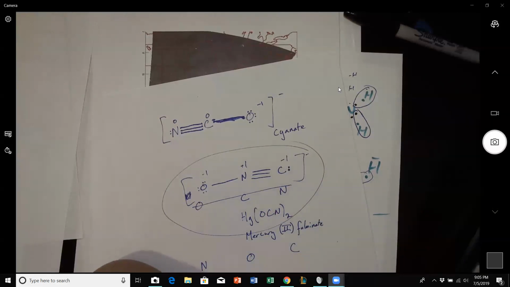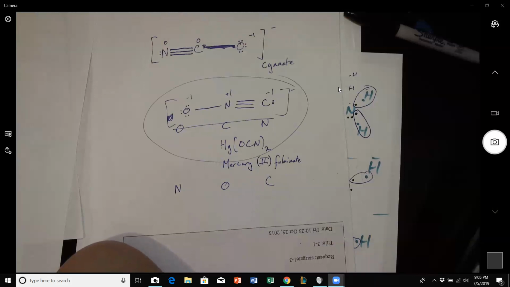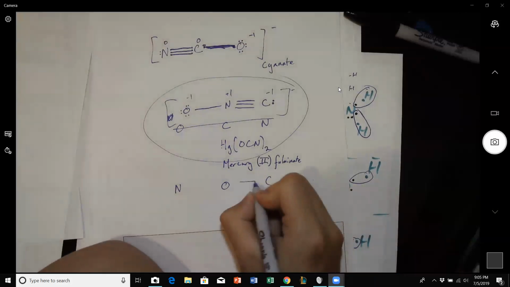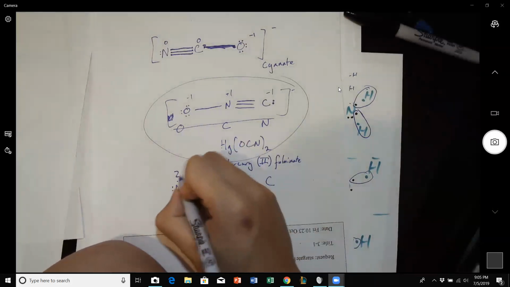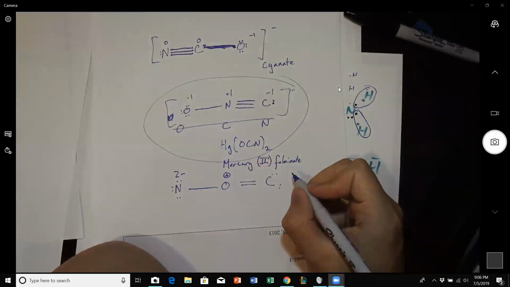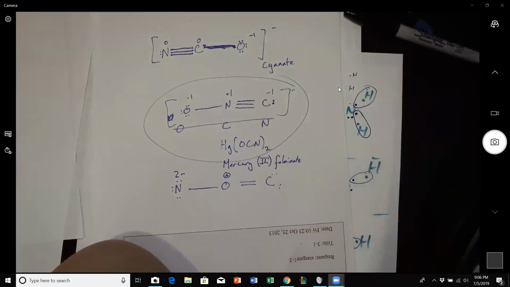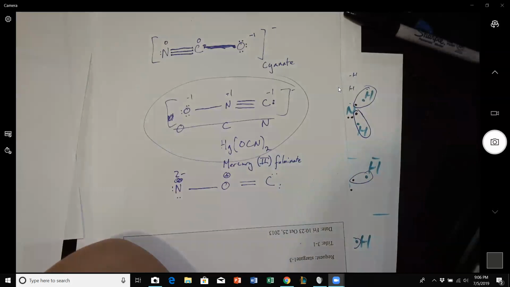Okay. So now I have trouble with this one. It's very hard to draw a reasonable resonance structure for this one. So we can give it a go. So let's try this first. So this is 2 minus, and then this does follow the octet rule, but it's kind of ridiculous. Okay, so that's not right. So let's try again.